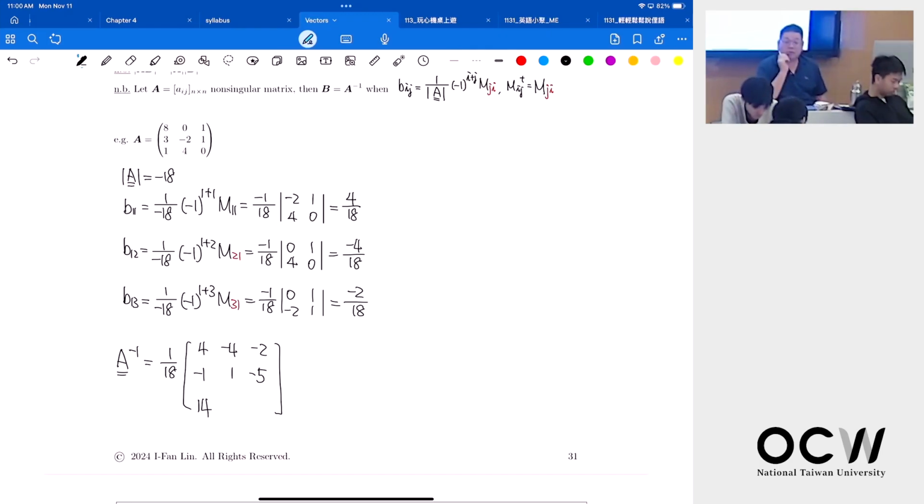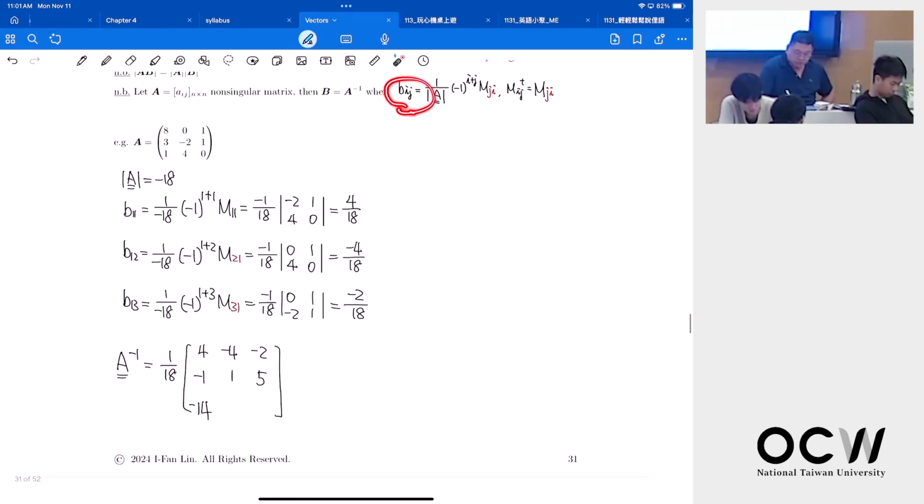I only take 1 over 18 outside, it should be 1 over minus 18. To find the element, that will be minus 5. But I put a negative already, so here's 5, minus 14.